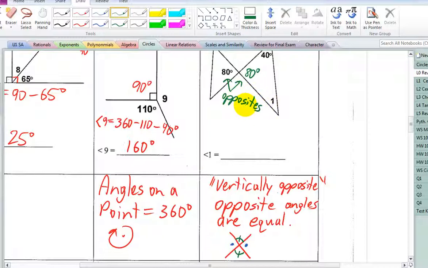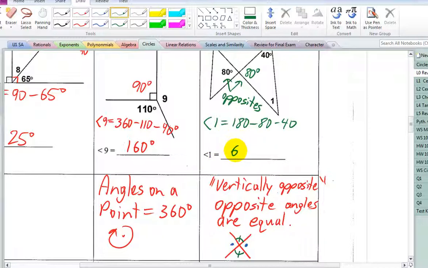They're opposites. So once we figured out the second angle, now we can figure out the third angle. What's angle 1? What's the rule? Triangles add to 180. So you take the total sum, minus 80 minus 40, which is like subtracting 120.